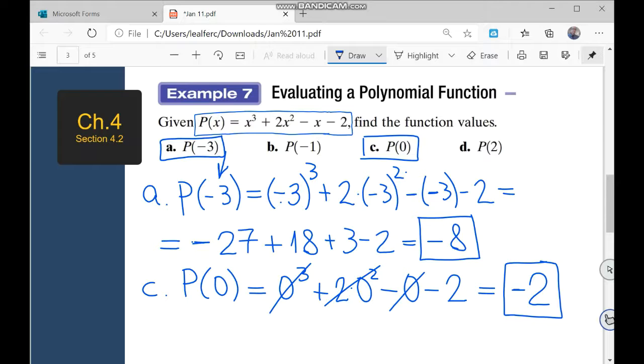Okay, any questions so far? Any feedback? Do you think it's difficult, easy, or if we need more practice? We will work on several questions like this on the quiz, and I will show as well how to work out using the graphing calculator to find the answers to this kind of problems.